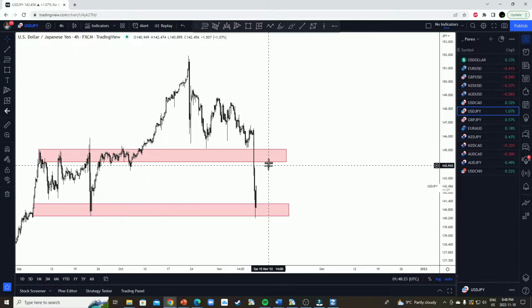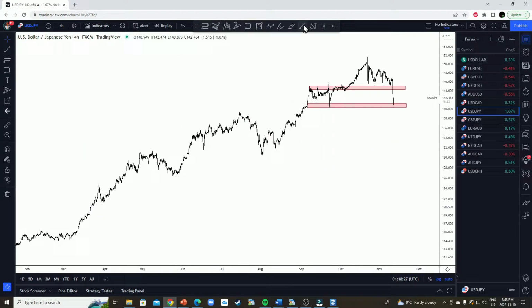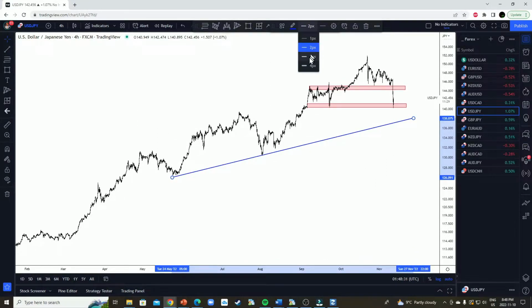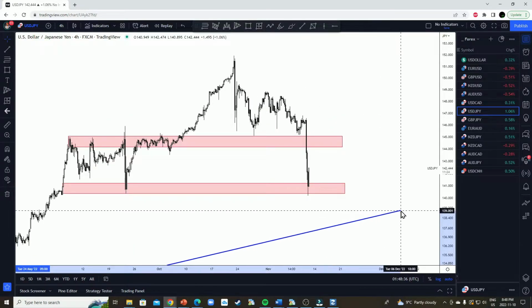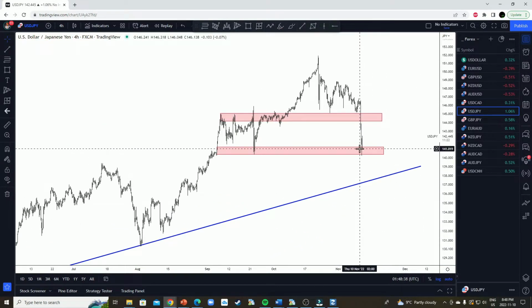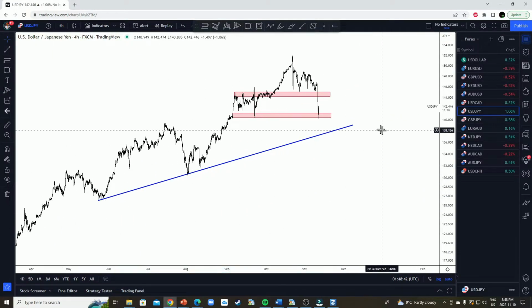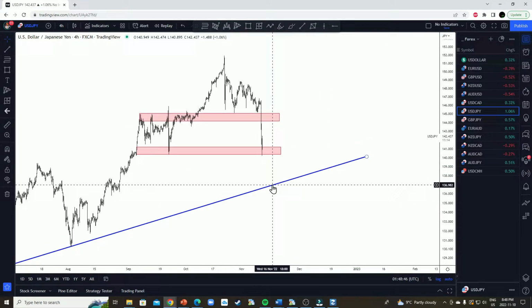From here, it's possible it's going to go all the way there before continuing, but I don't think it's a good time for me to get out right now. I could have taken some profits here, but at the same time, when I was analyzing this, I thought that my first target should be here.